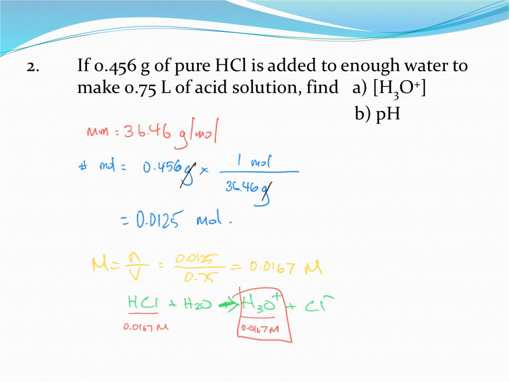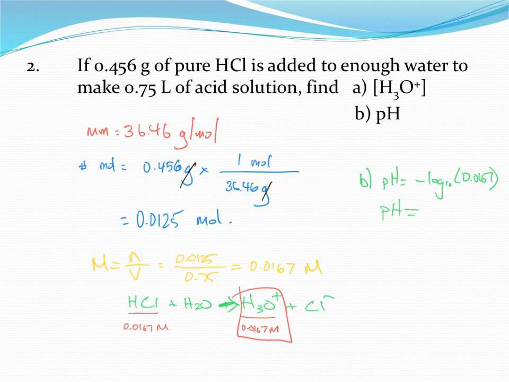Now for part B, we know that the pH is equal to the negative base 10 logarithm of 0.0167.